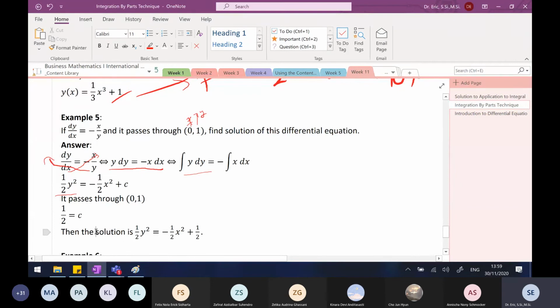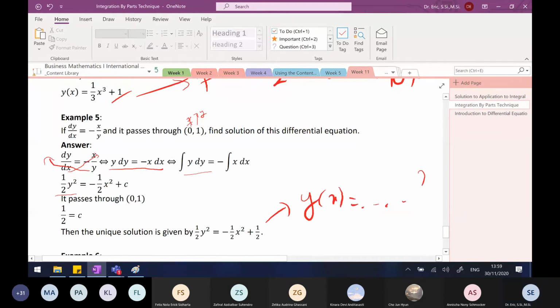Then the unique solution is given by this one. Okay, pay attention. You don't have to explicitly write y equals something. No, this equation is enough.